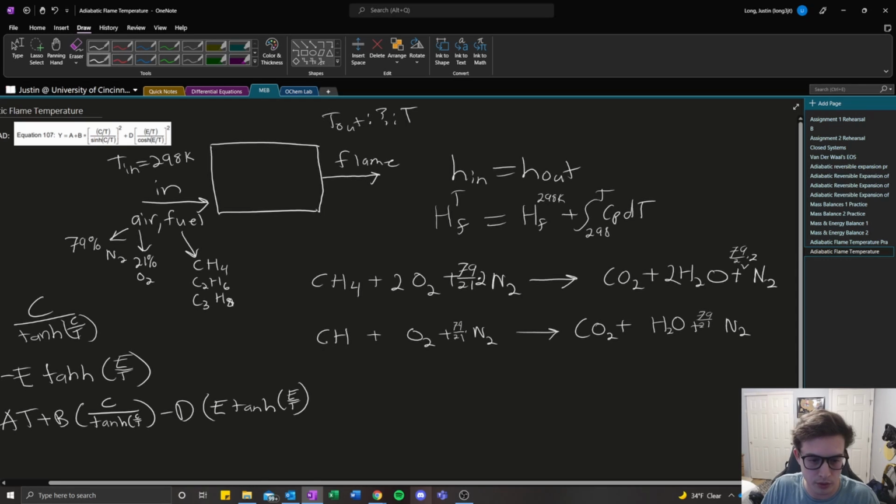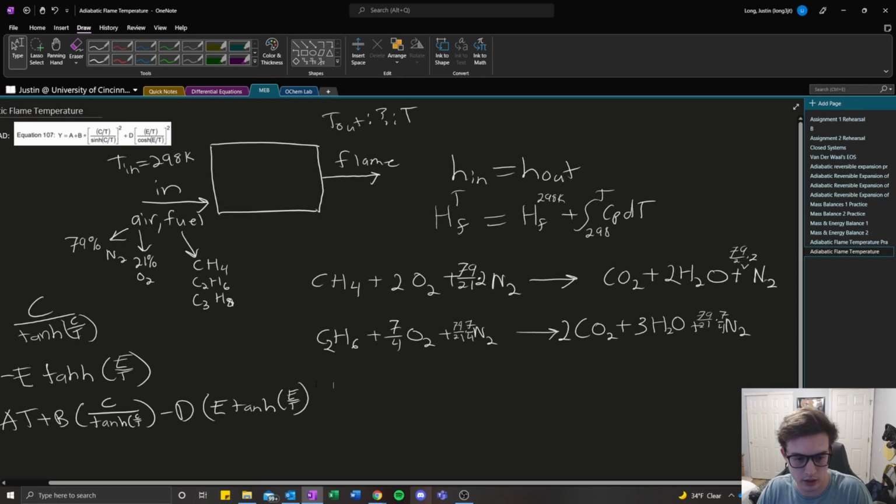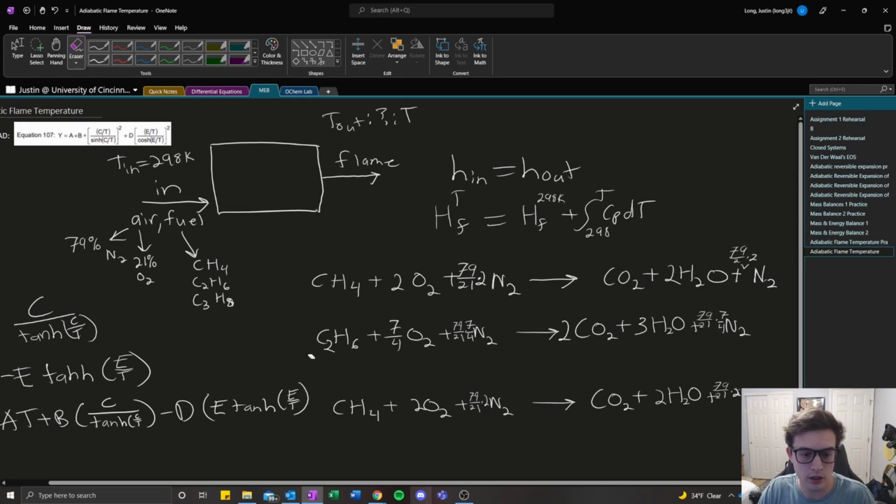All right, so we're going to C2H6, and then we now have 6 hydrogens, so we're going to need 3 over here, and that's going to give us this weird number here. So it's actually 7/4 number of oxygens, and we plug that in, and there's the balanced stoichiometry. Then I'm going to paste it again and delete the unimportant parts.